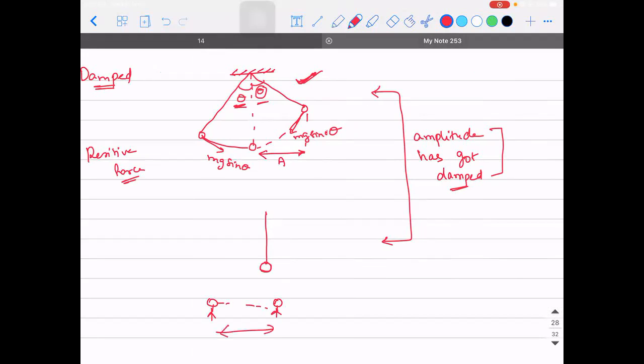Let's say the distance between you both is x. If your friend goes a few meters away and stands here, do you think if you try to speak with the same intensity, the same amount of volume, your voice will be able to reach him as clearly as it did at this point?